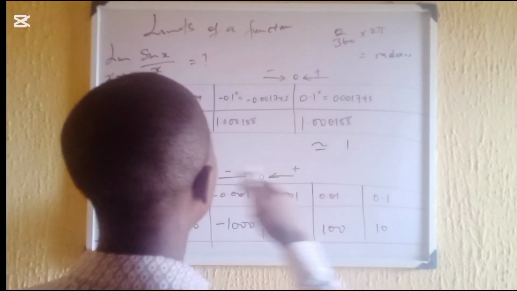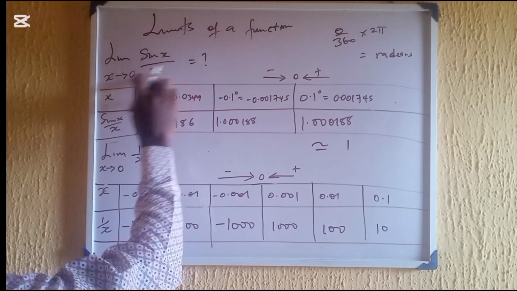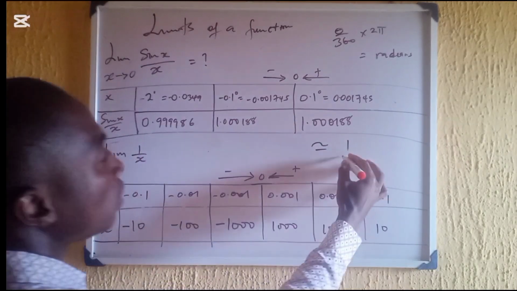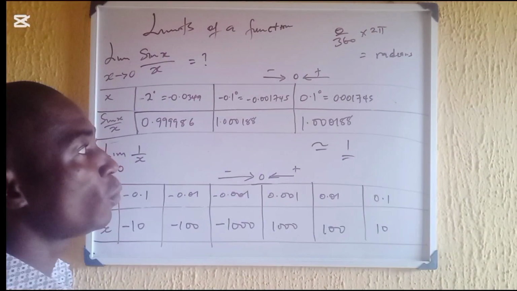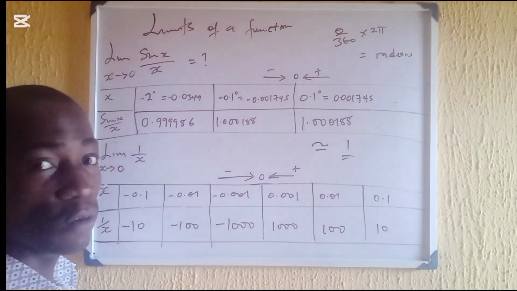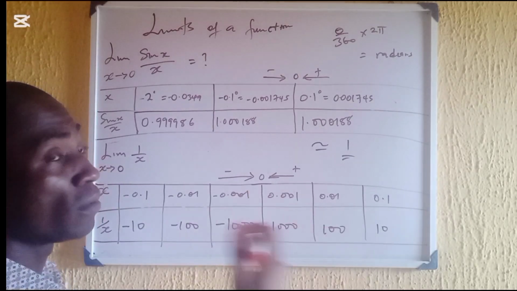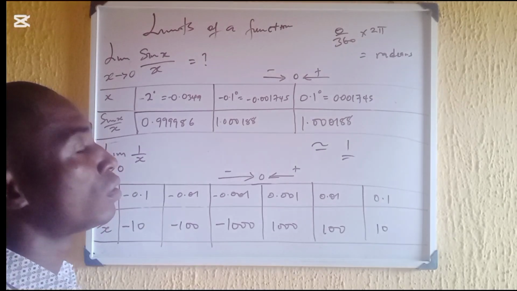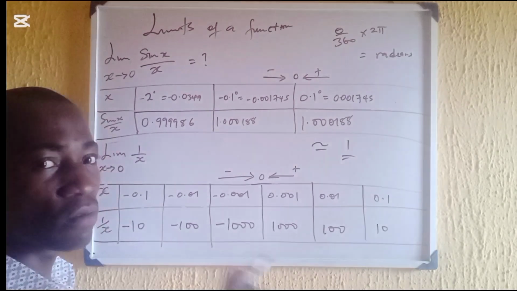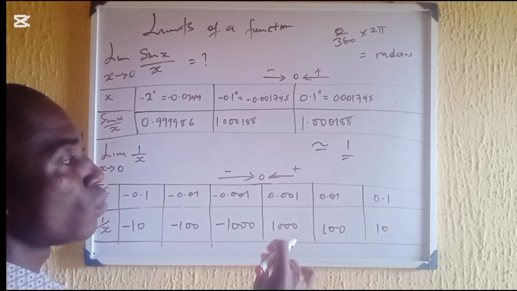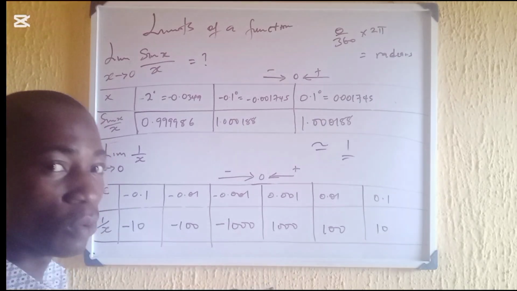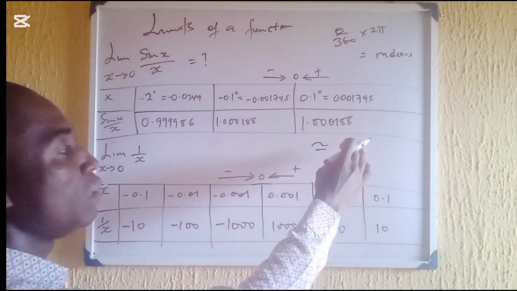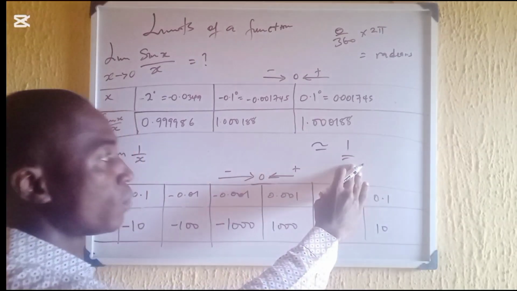So in that case, the limit of sin x over x as x approaches 0 is equal to 1. So if you pick values very close to 0 from the right side and from the left side, you'll be getting almost 1. That's values very, very close to 1, but will not give you 1. So in that case, we say that the limit is equal to 1.